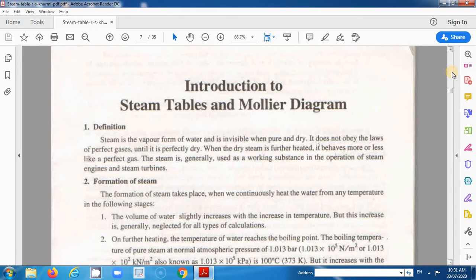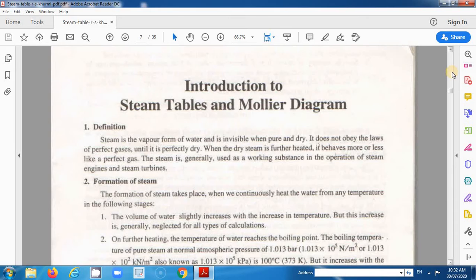Already I told you that steam is the vapor form of water and is invisible when pure and dry. It does not obey the laws of perfect gases until it is perfectly dry, because during formation of steam, the steam may be wet steam, with some water particles suspended in it.